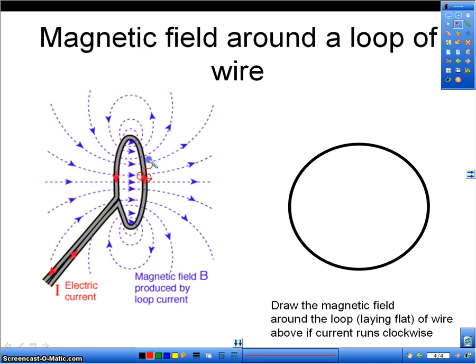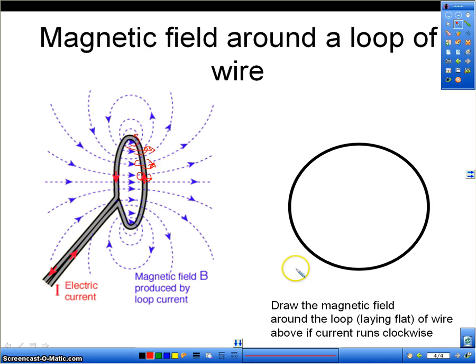So you'll have a field that sweeps around the wire in that direction. And here you'll have a field that sweeps around the wire in that direction. And this will be a field that sweeps around the wire in this direction. So if you add all those up, you end up with a field that comes around the wire and comes back through the other side.